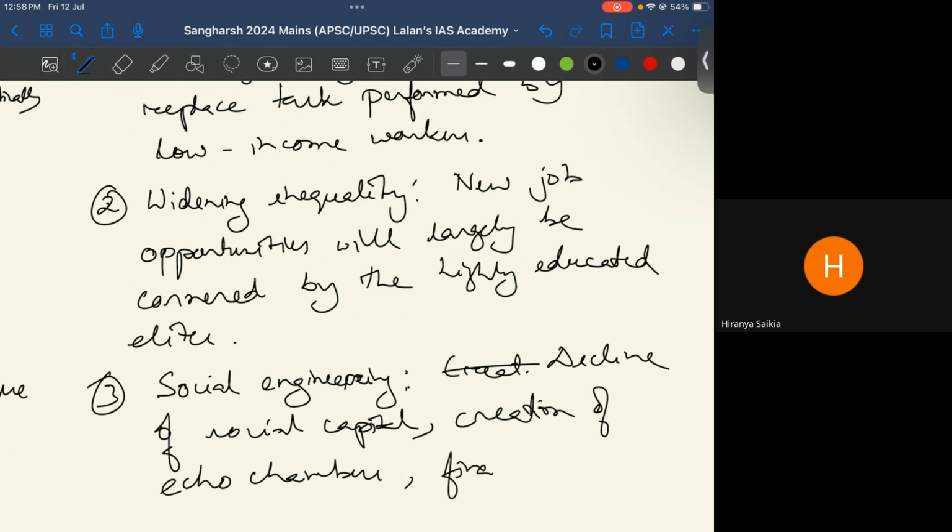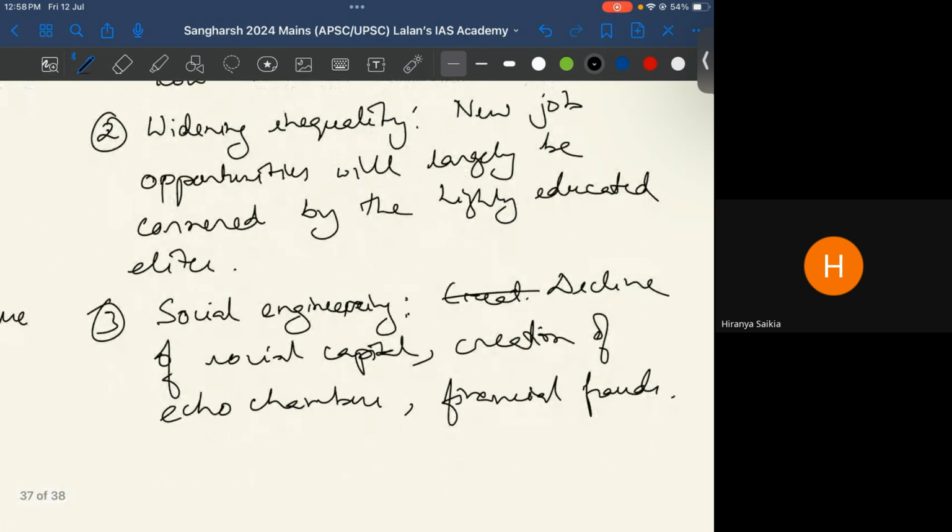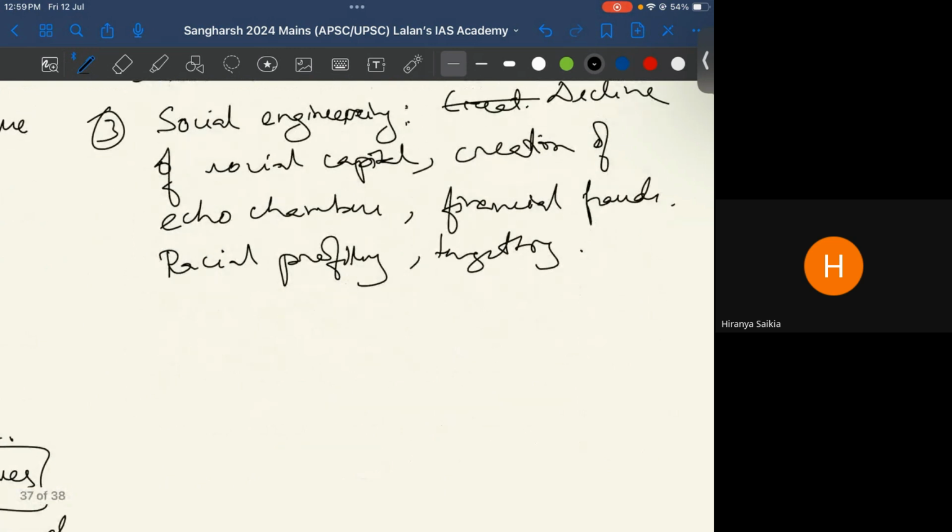Financial frauds. তাতকেও বেছি মানে social chaos বা যেটো কয় আমাৰ মানে racial profiling কৰা, targeting. So that is basically social engineering.